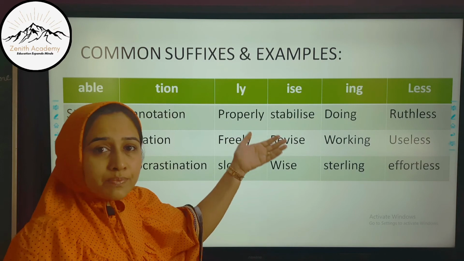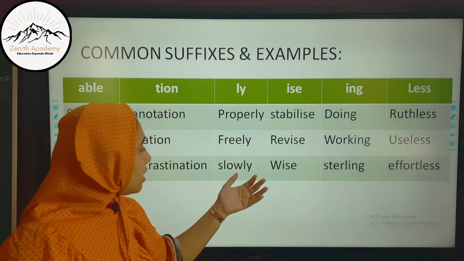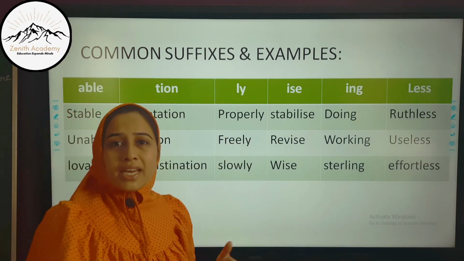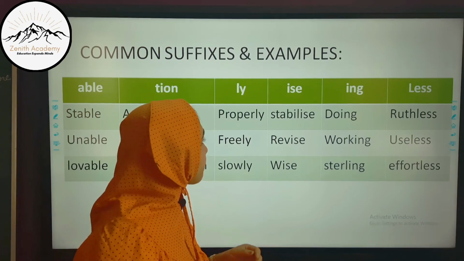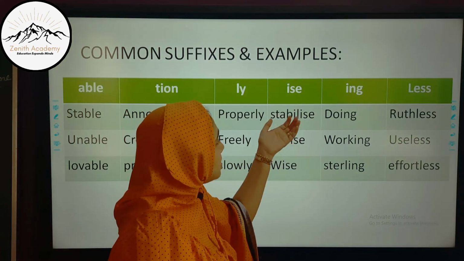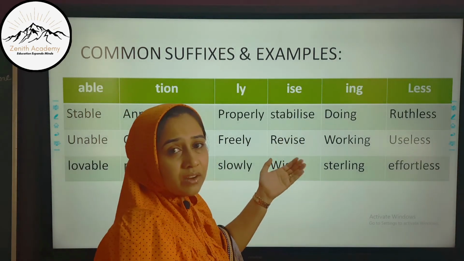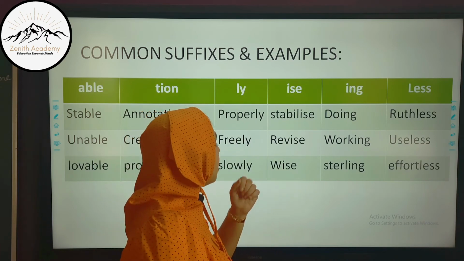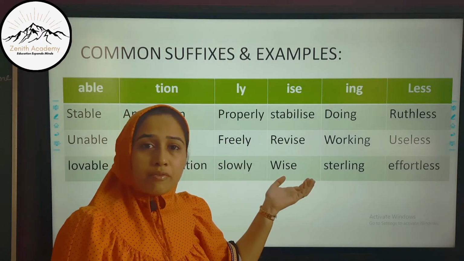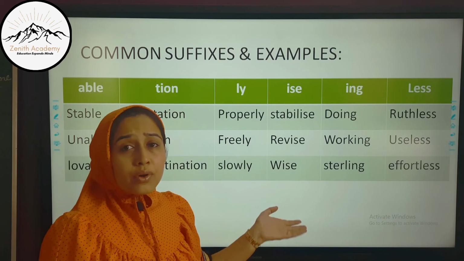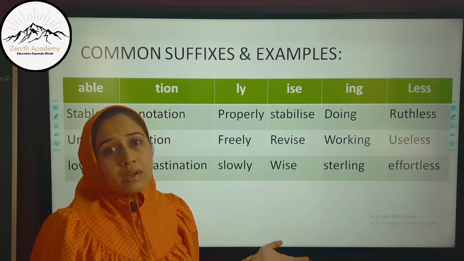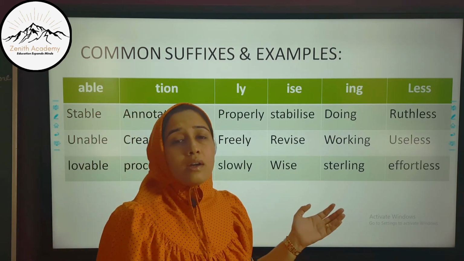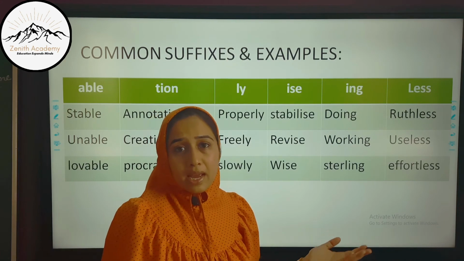Proper becomes properly, free becomes freely, slow becomes slowly, greedy, greedily, etc. Ize, stabilize, revise, wise. Now wise in itself is a free stem word. You can add more suffixes to it, like wisely, or it becomes wisdom as a noun.